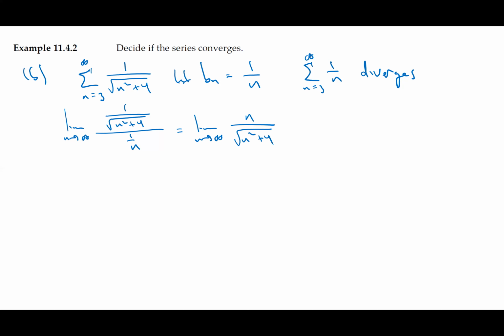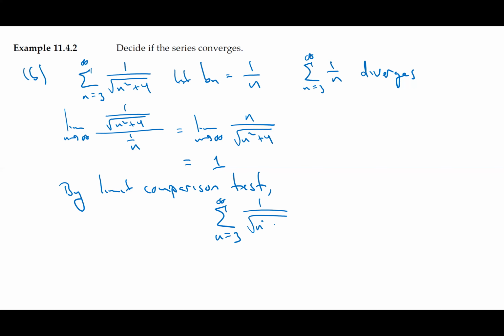So that denominator starts looking like the square root of n squared, which means the quotient starts looking like n over n, which is just 1. And so by the limit comparison test, my series diverges. Again, they have to have the same behavior.